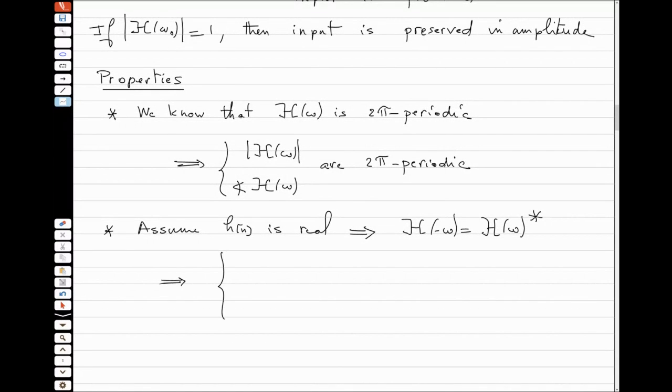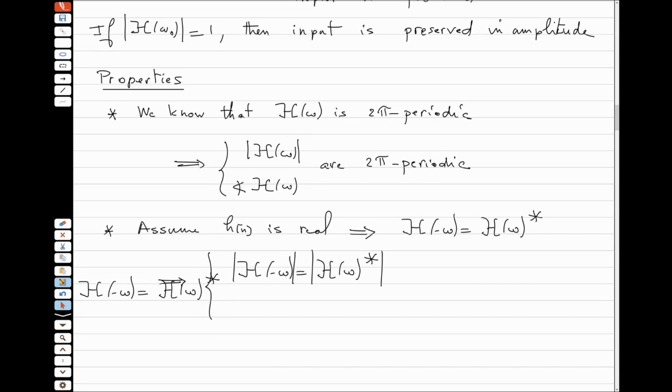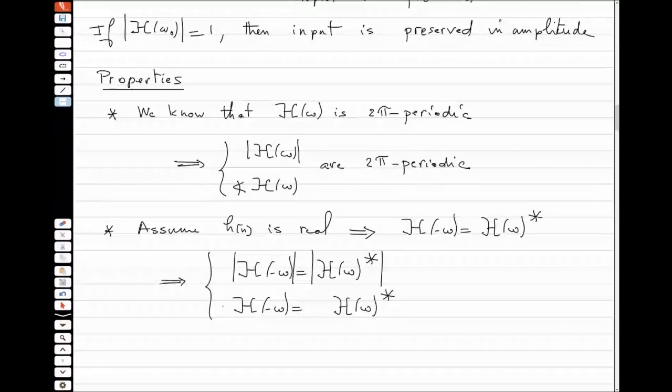Now, what can we say about magnitude? Obviously the magnitude of this is equal to the magnitude of this. And the phase, the angle, is equal to the negative of the angle.